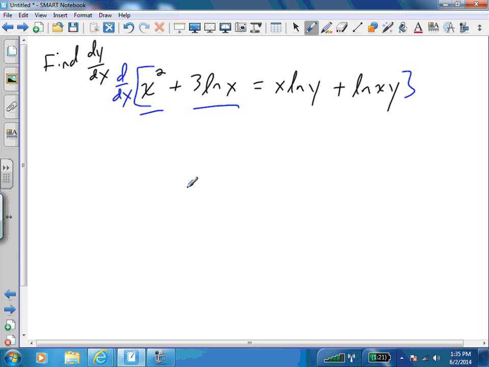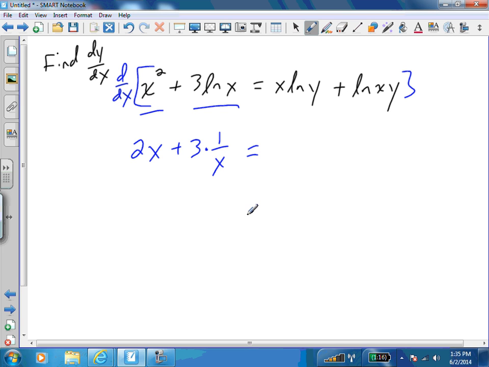Both of those, our variables match. So what's the derivative of x squared? That's just the basic power rule, 2x. The derivative of 3 natural log x, 3 is a multiplicative constant. What's the derivative of natural log x? Sure, 1 over x.